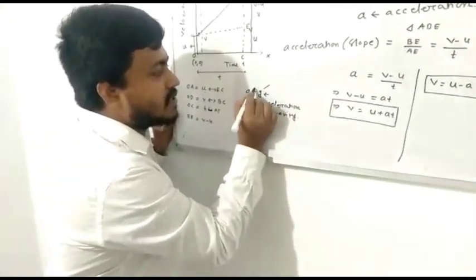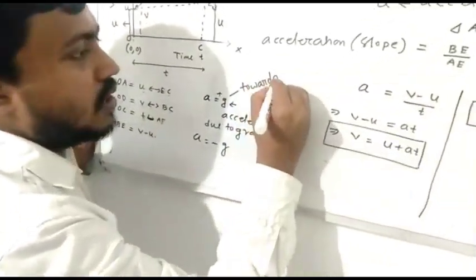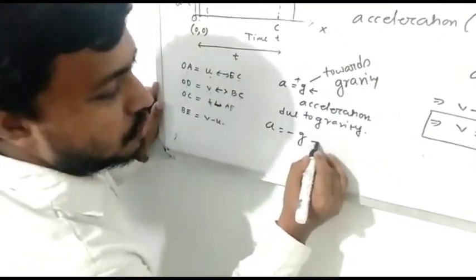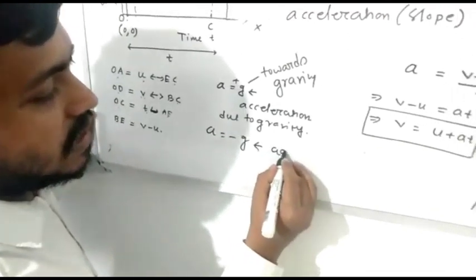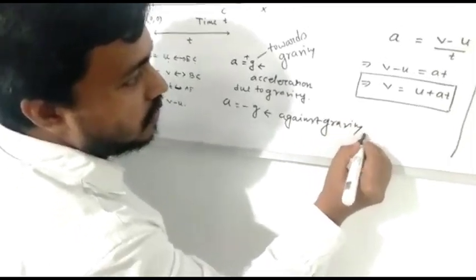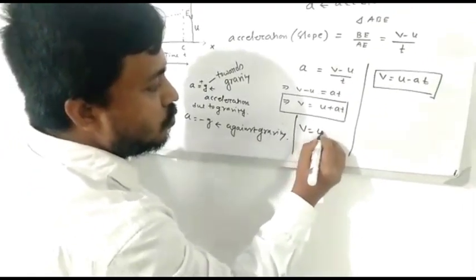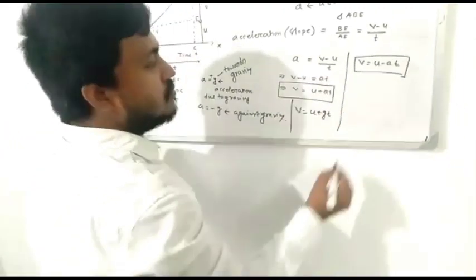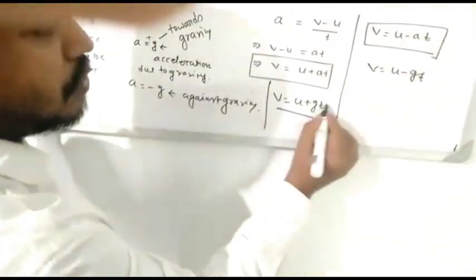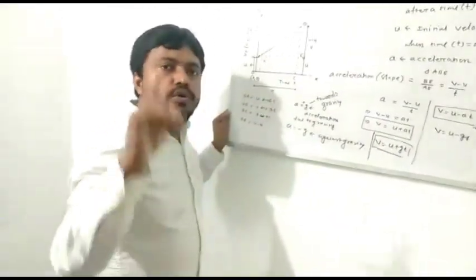So A equals plus g for motion towards gravity, and A equals minus g for motion against gravity. Then the equation of motion takes the form V equals U plus gt and V equals U minus gt.